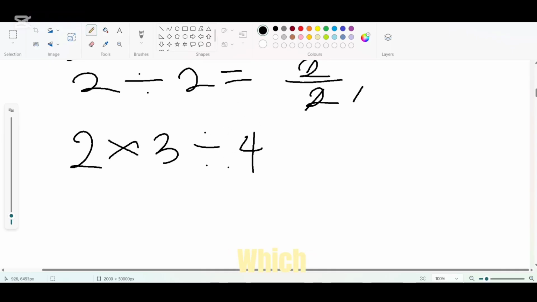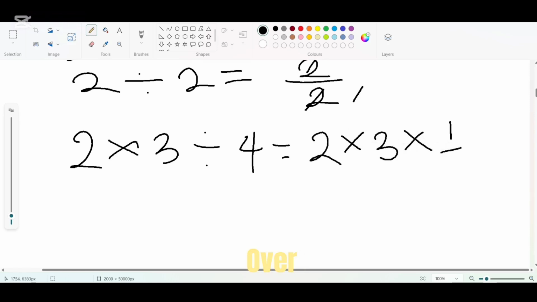So this number, which is 4, can be converted to 1 all over 4, while this one changes to multiplication. So that is how we do this. This is going to be 2 times 3 now times 1 all over 4. So that is how we convert division to multiplication.